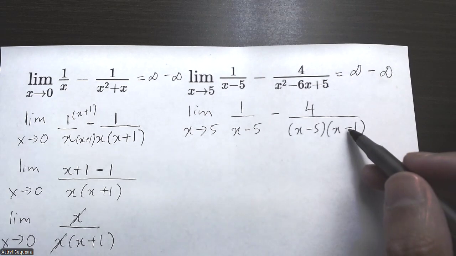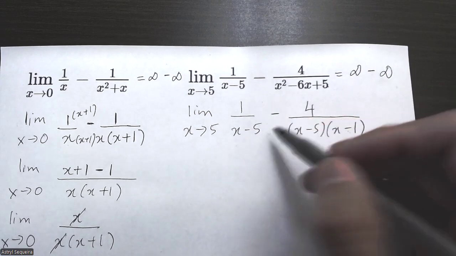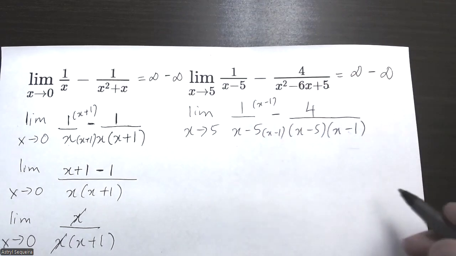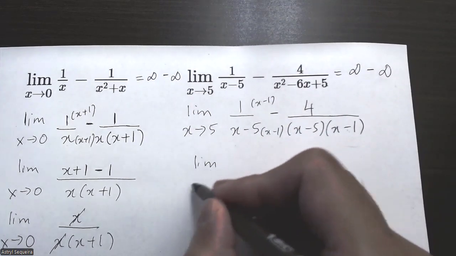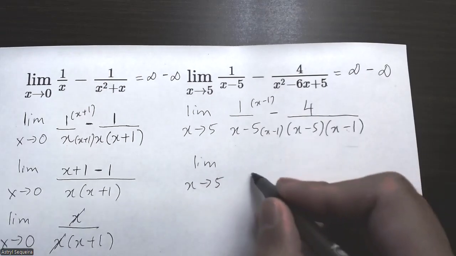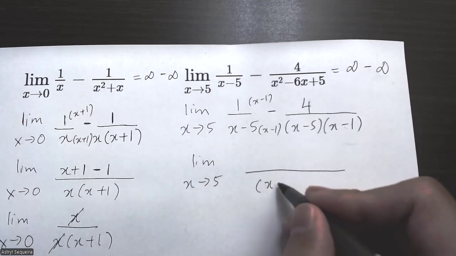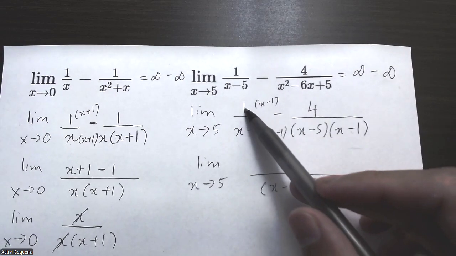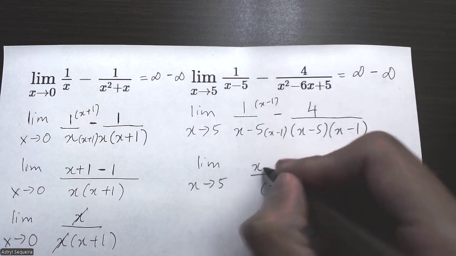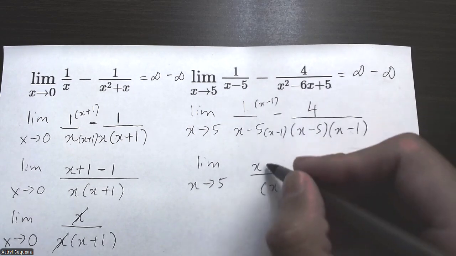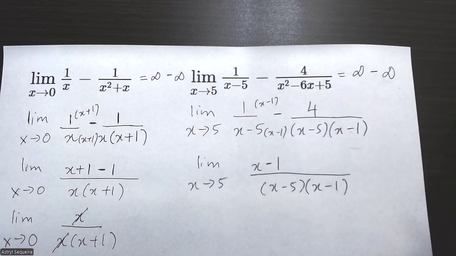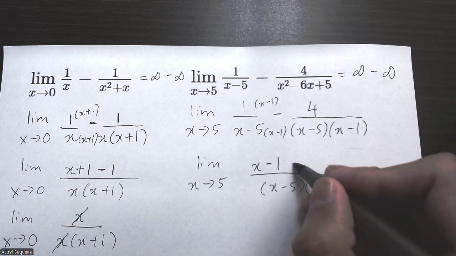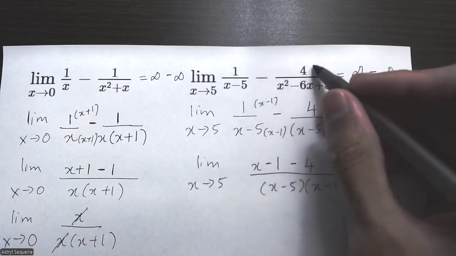And then to make a common denominator, I'm going to multiply the top and bottom over here by x minus 1. So let's rewrite this out now with a common denominator. Common denominator is x minus 5, x minus 1, and in the top I have 1 times x, which is just x, and 1 times -1, which is -1. And then I have minus 4 left over there.